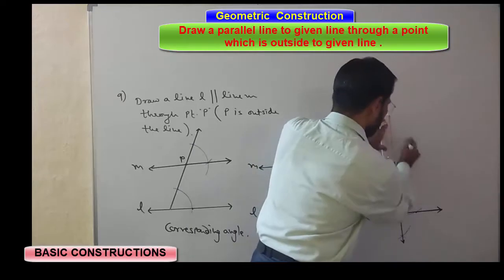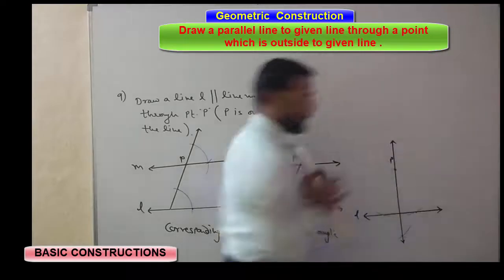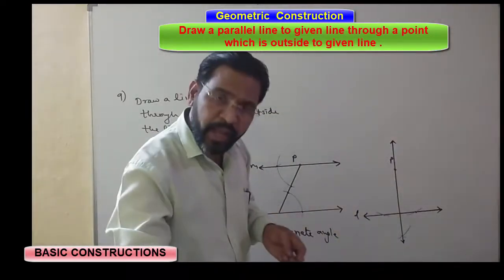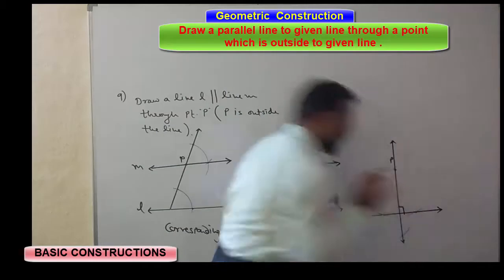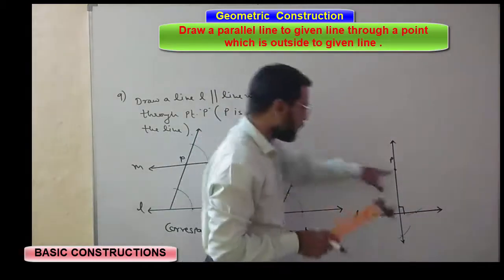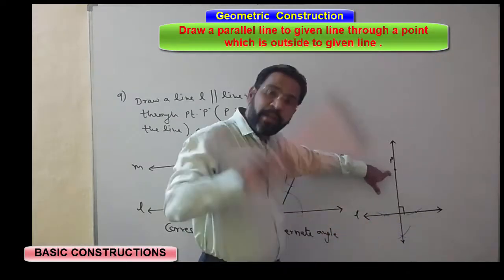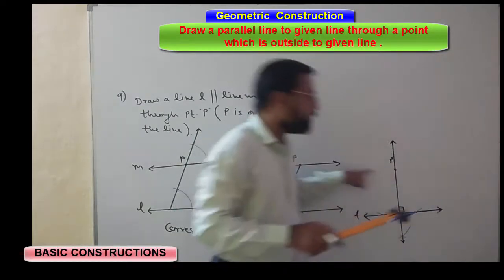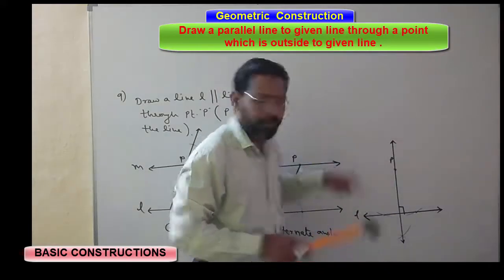Look friends, all these are very important parts. Okay, now again I am going to draw, but before that, this is one perpendicular. Okay, now see here, from this particular point P, I am going to draw one perpendicular line to this perpendicular line, meaning the horizontal line. Okay, see how.